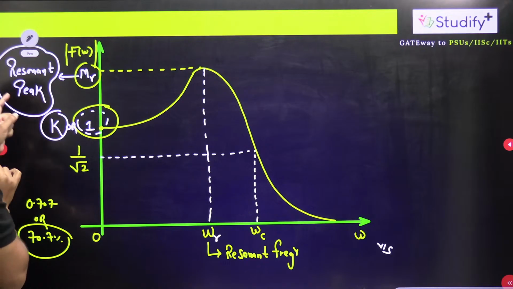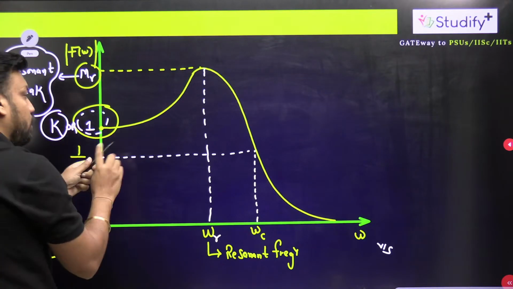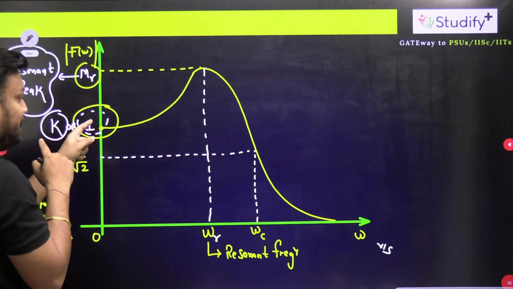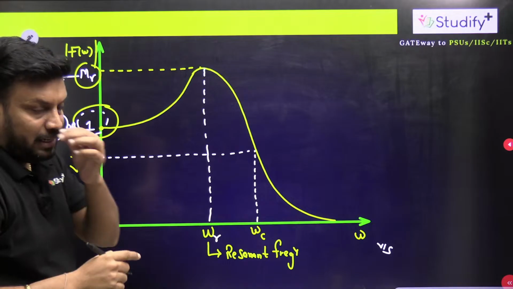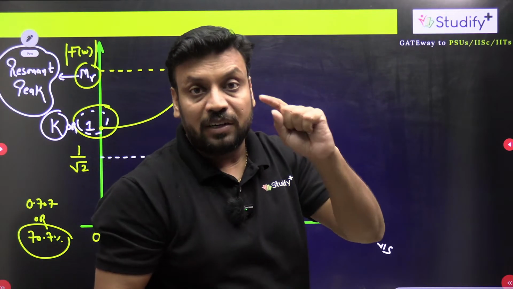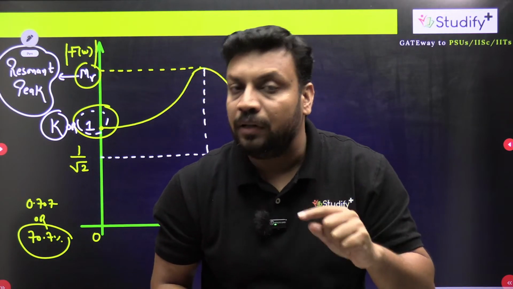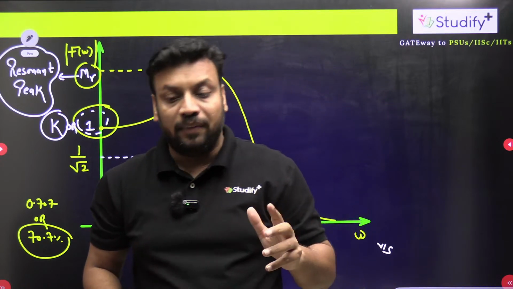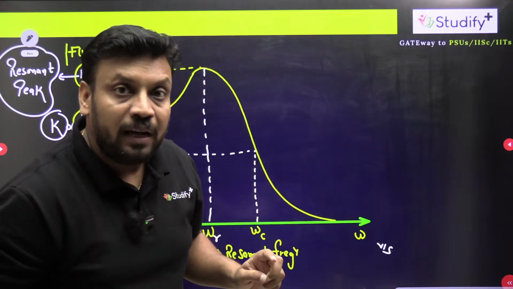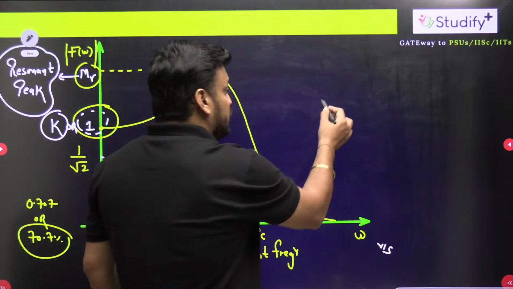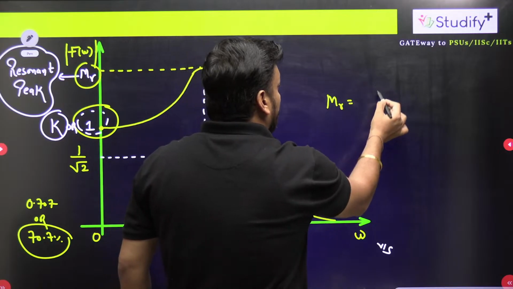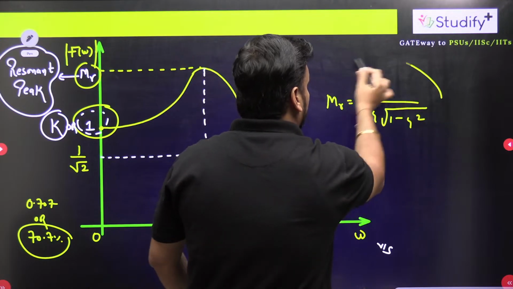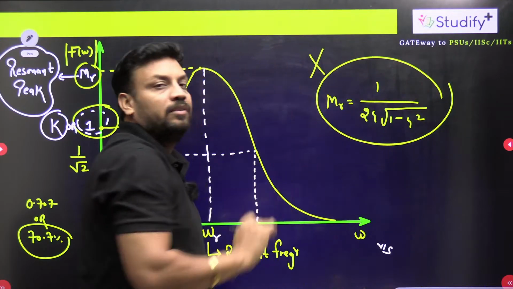अगर k का वैल्यू इन जनरल 1 होगा, तो जब आप बुक्स में देखोगे, टेक्स्ट बुक, रेफरेंस बुक में, तो ये 1 से स्टार्ट हो रहा है. इसका मतलब उन्होंने ये असयूम किया कि डीसी गेन ऑफ CLTF, डीसी गेन ऑफ क्लोज लूप ट्रांसफर फंक्शन 1 है. बट गेट एग्जामिनर बहुत सी बार k का वैल्यू 1 के अलावा कुछ दे देगा, 5 दे देगा, 10 दे देगा, 2 दे देगा. तो उस समय अगर आप ये वाला फॉर्मूला यूज कर रहे हो, क्योंकि स्टूडेंट जस्ट फॉर्मूले को याद कर लेते हैं, अगर आपने उस समय केवल ये फॉर्मूला याद किया, 1 upon 2 zeta root of 1 minus zeta squared, then this formula is wrong in that case.